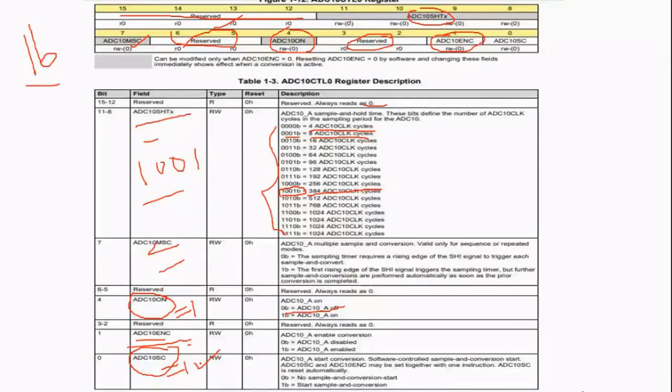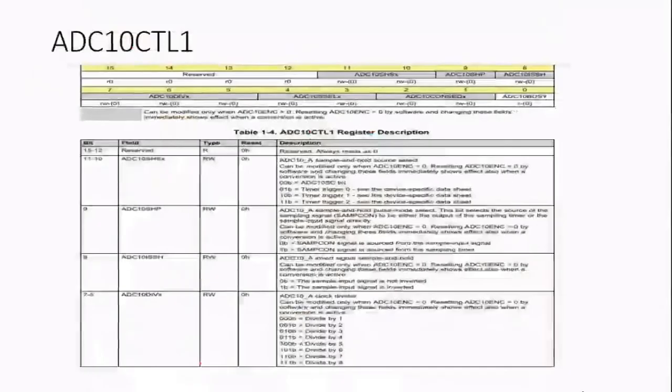When it starts the conversion, the sample and hold circuits are there, and you can take the input from there. Okay, so this is the ADC10 control register CTL0.